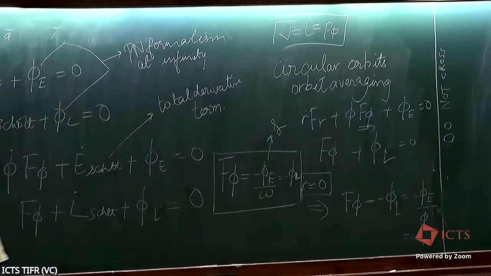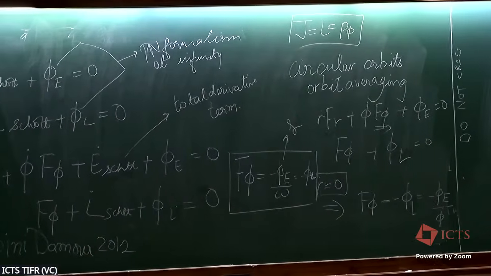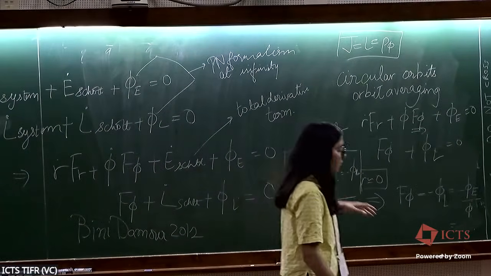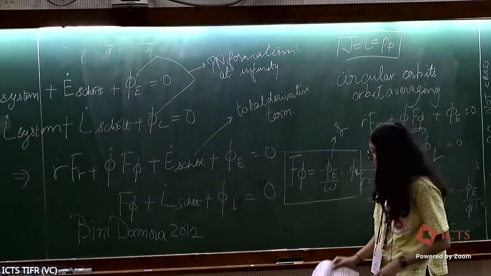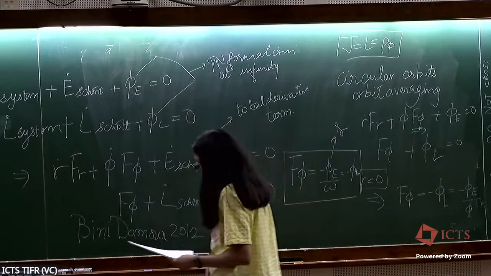A reference for this is Bini and Damour 2012, where they tried to see how these Fi and Fr would change for eccentric orbits. And here, for simplicity, we are considering only circular orbits.